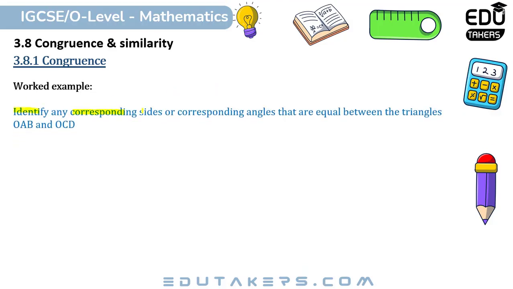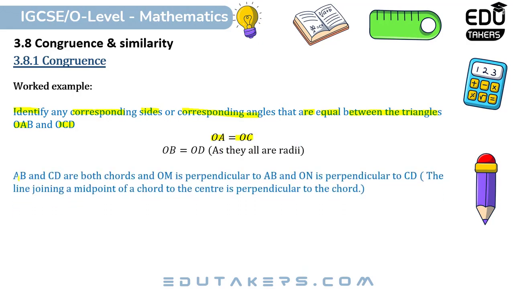Identify any corresponding sides or corresponding angles that are equal between the triangles OAB and OCD. OA is equal to OC and OB equals OD, as they are all radii. So AB and CD are both chords, and OM is perpendicular to AB and ON is perpendicular to CD.